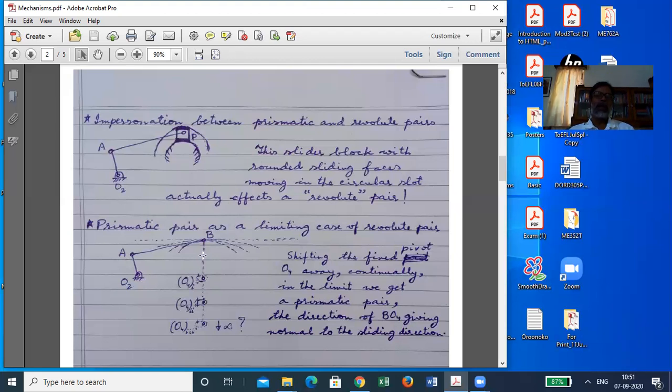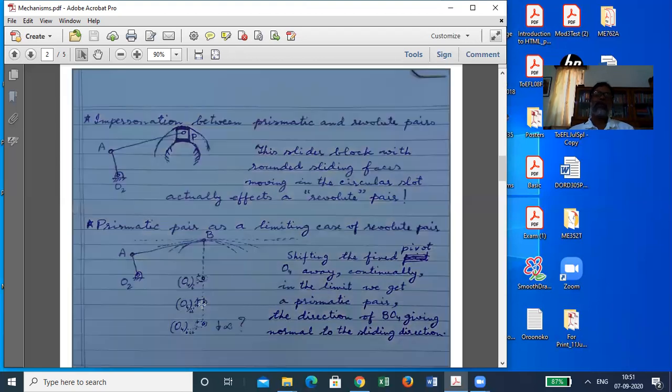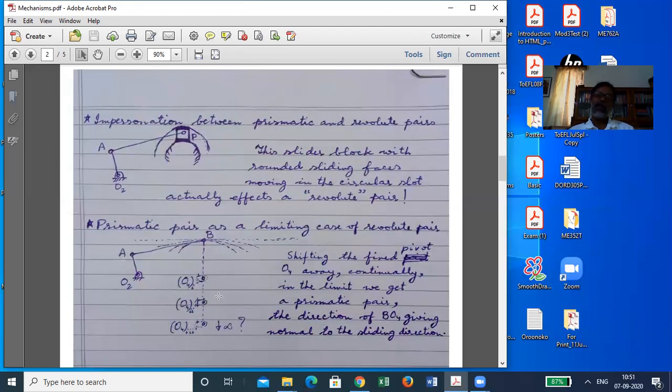We want a longer one. Then take O4 down. Then you say that we want still longer. Take another down. So when the fixed pivot O4 was here, perhaps the path along which B could move was this arc.